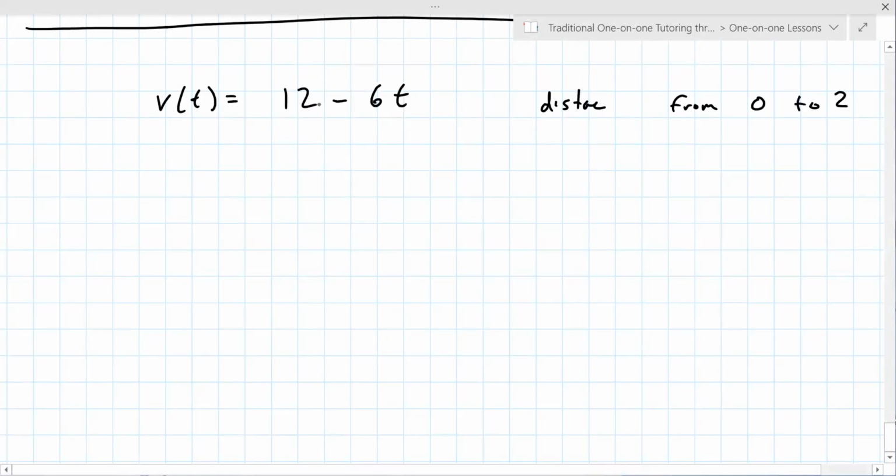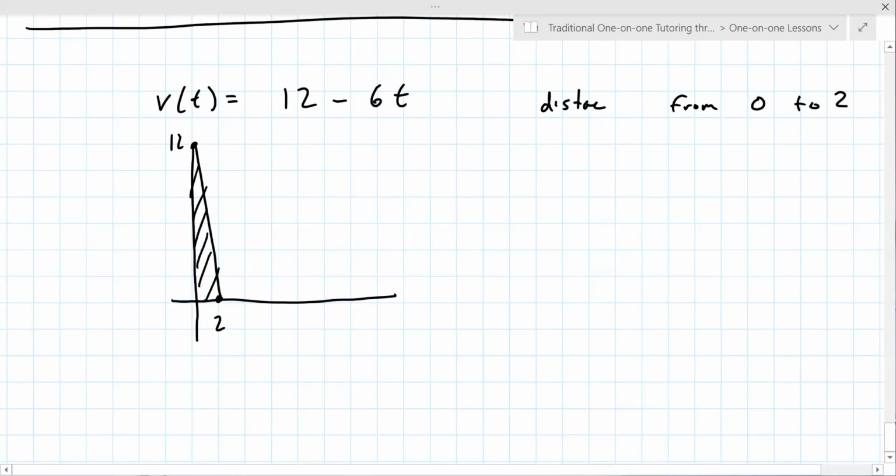This time we're given a function, so we could graph it. So here's what the graph of this looks like. This is t: 1, 2, 3, 4, 5, 6, and that's 2. So that's 12, and that's 2. So the distance is literally this area right here.